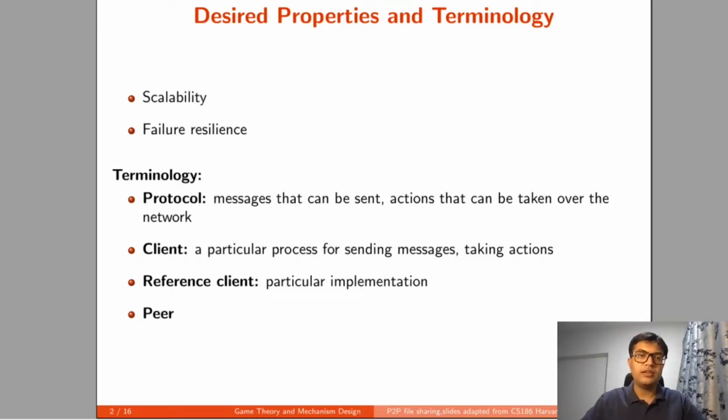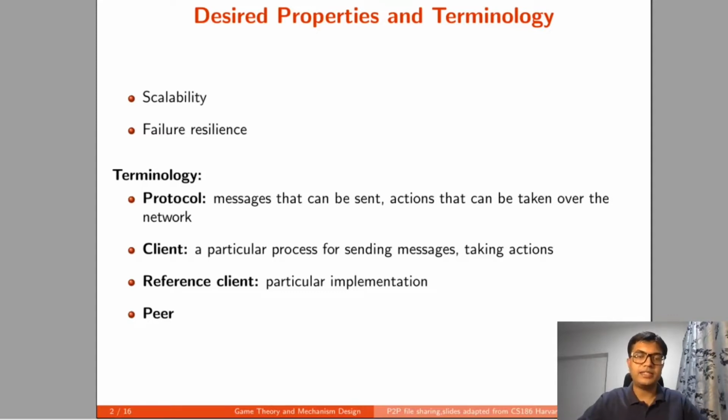In the peer-to-peer world, by protocol we will mean the rules through which messages can be sent, and also the actions that can be taken over a network. We will discuss a few peer-to-peer protocols, and that essentially lays down the rules for how this message exchange and the actions of different users are done.